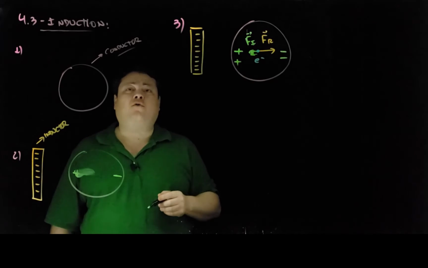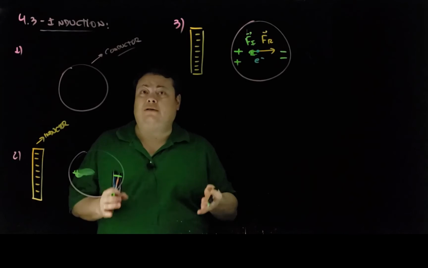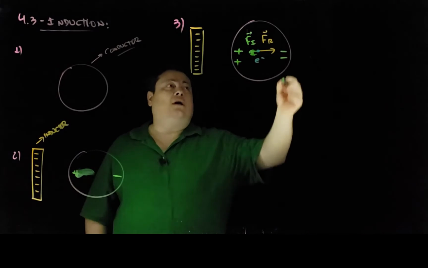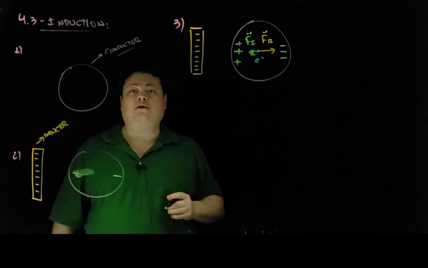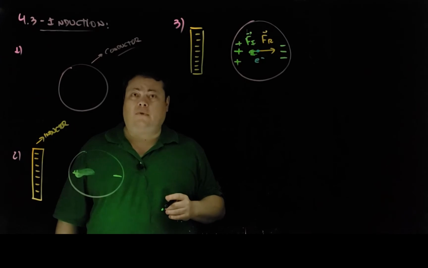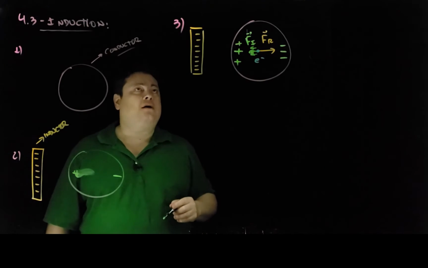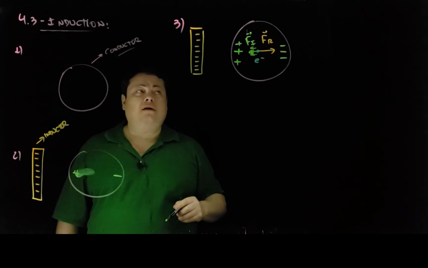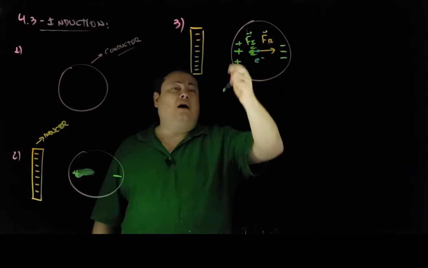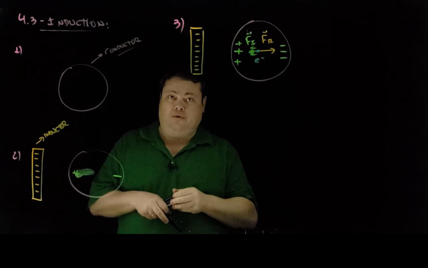But while the net force on these charges is still not zero, they're going to be moving around, and I'm going to increase the separation of charge inside of my conductor. And again, that will increase the internal force. And this process will be happening until the net force on those charges goes to zero.